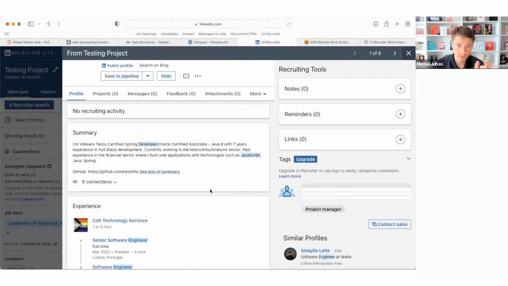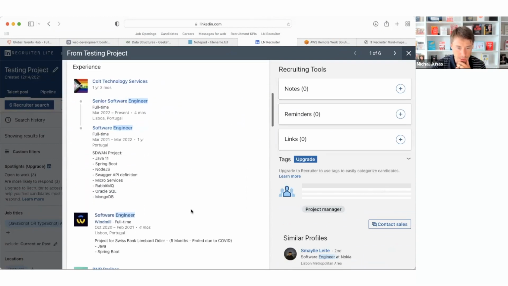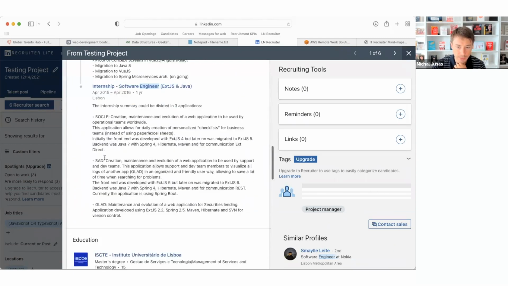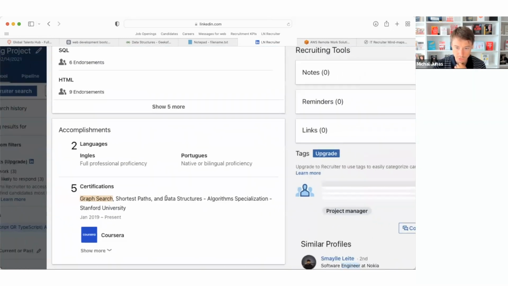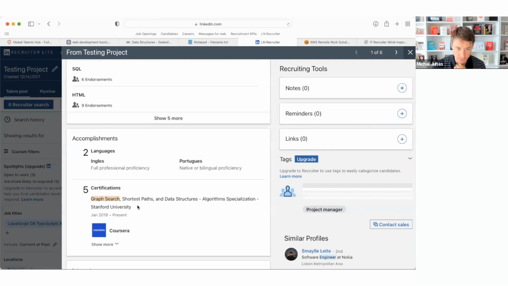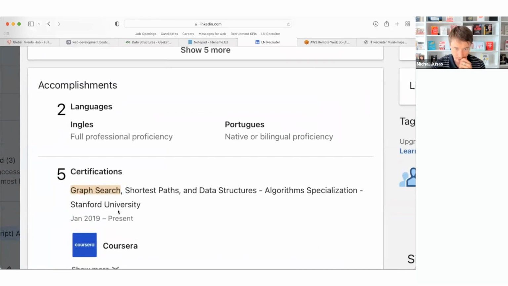What other markers, what other keywords could we use to determine if they have studied at university? Oh, look, graph search, shortest path, data structures, algorithm specialization, Stanford University. Well, if this is not data structure algorithms, then I don't know what is.